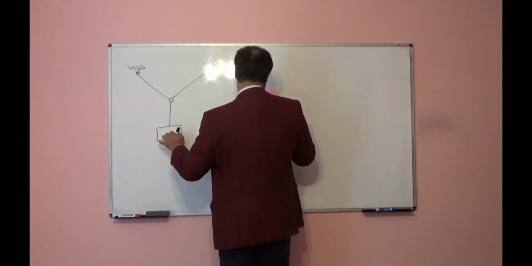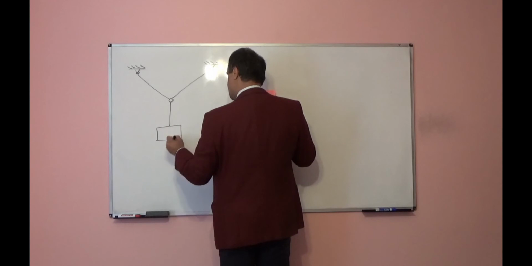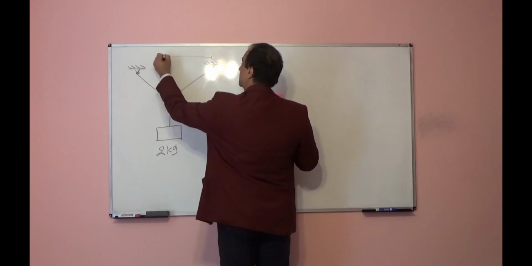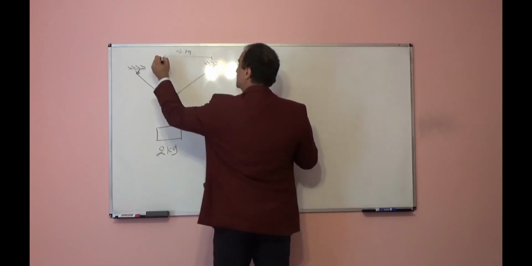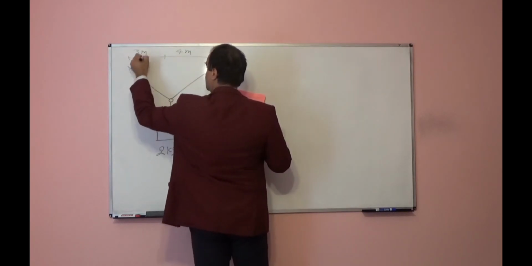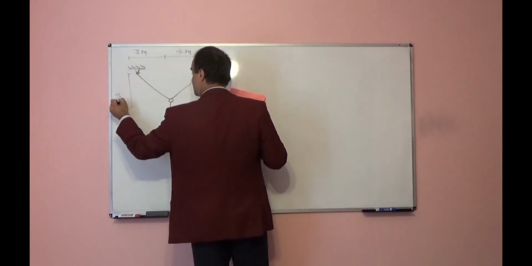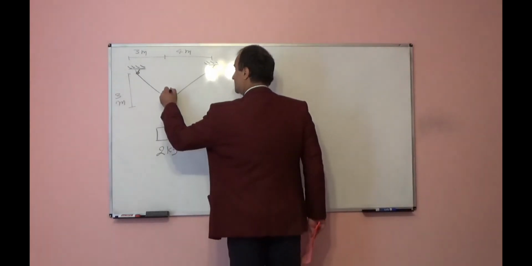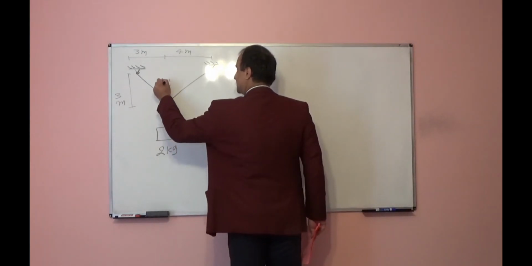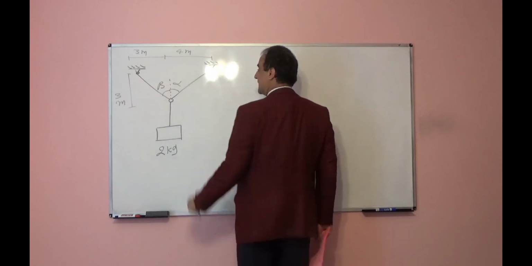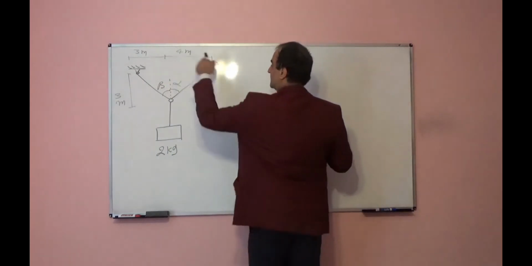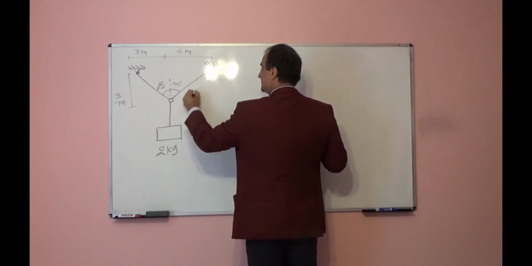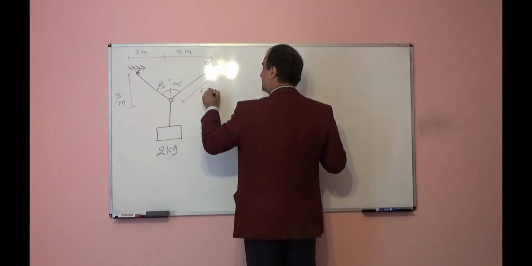The mass of this box is 2 kilogram. 4 meter, 3 meter. This is 3 meter. So if I assume this angle is beta and this angle is alpha, if this is 4 and this is 3, the length of this cable will be 5 meter.